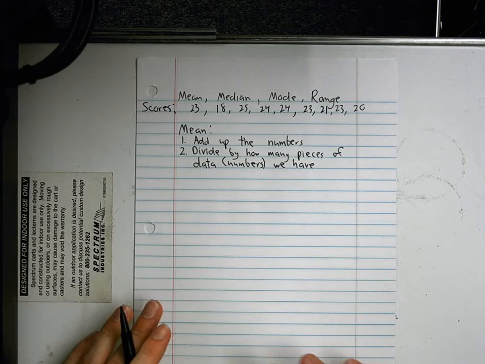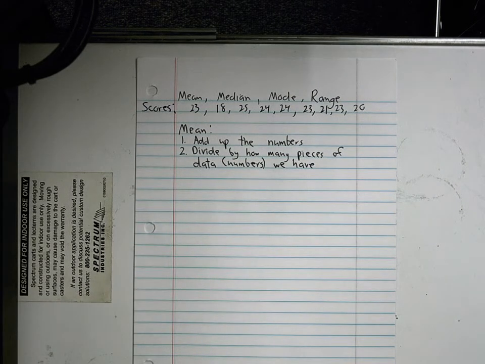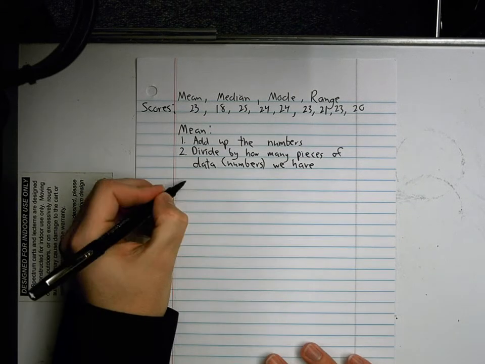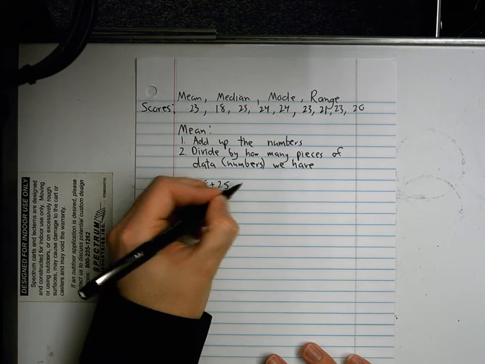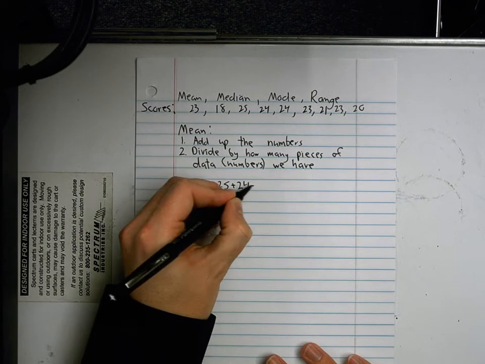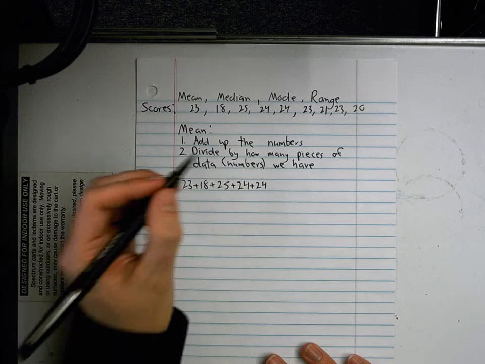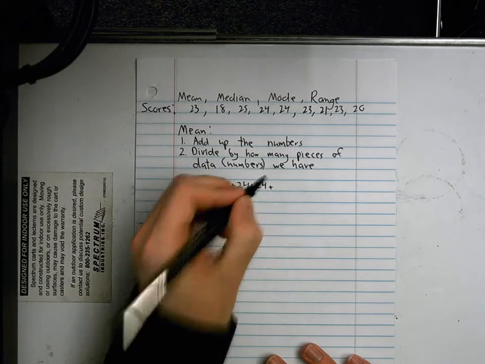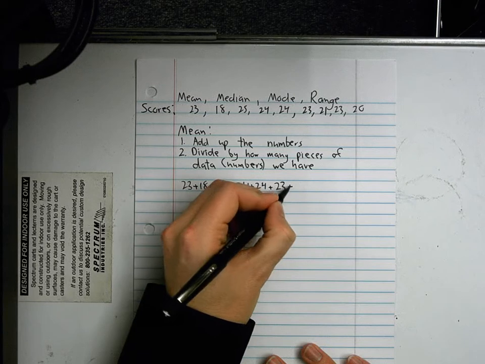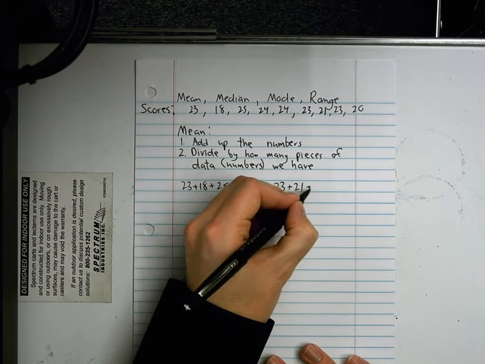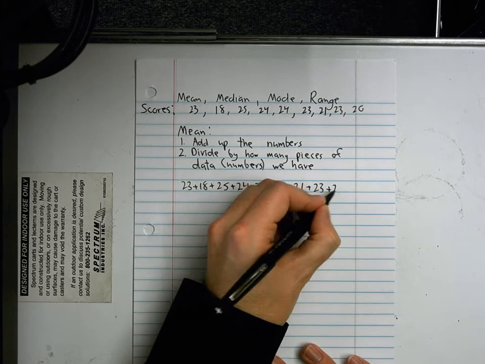Okay. So in this case, let's just add them up, okay? I'm just going to go 23 plus 18 plus 25 plus 24 plus 24 plus 23 plus 21 plus 23 and plus 20.